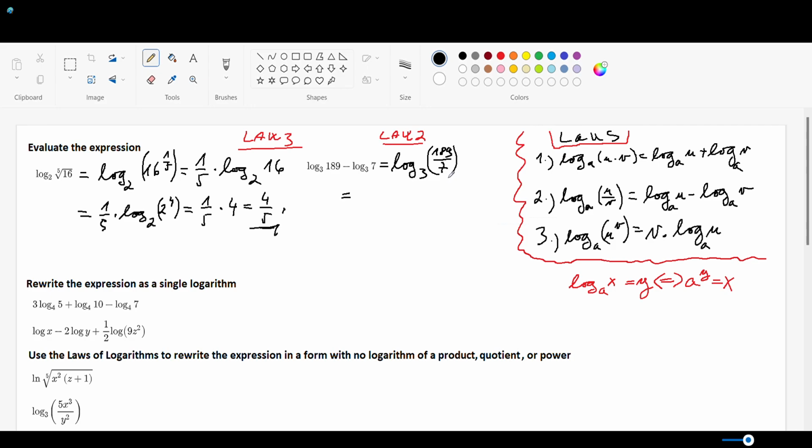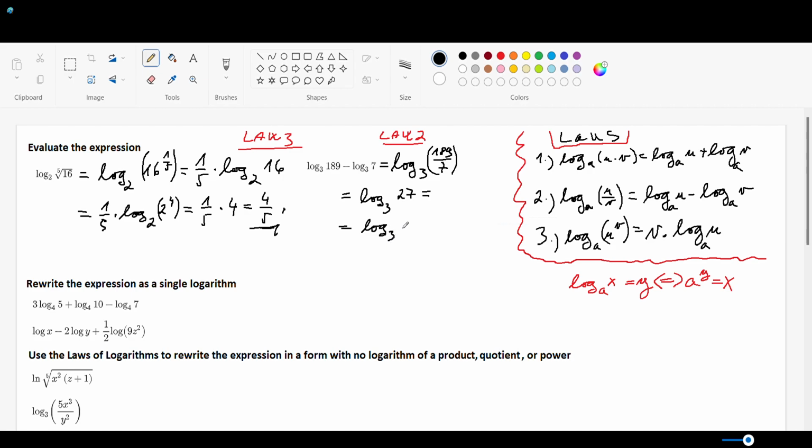The first number you try to think about is 7, because 7 times 7 is 49, and if you take away 49 from 189, it's going to be 140, so 7 in 140 is 20 times, so this can be simplified as logarithm base 3 of 27.